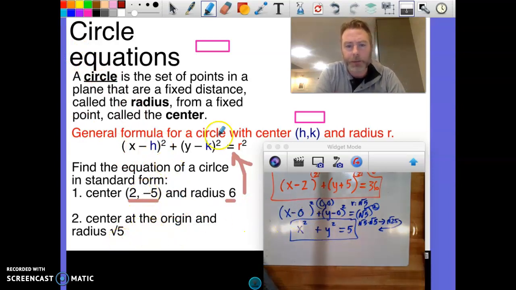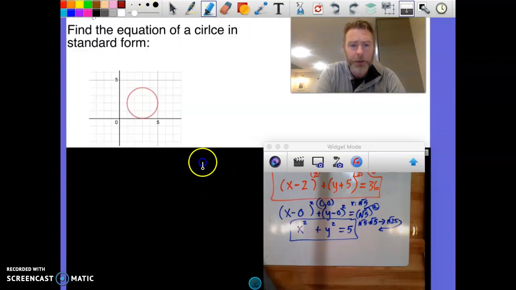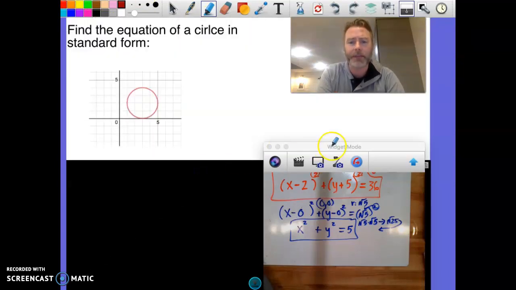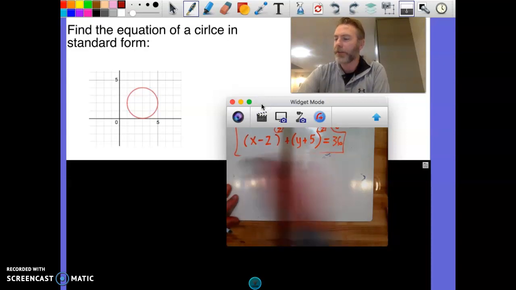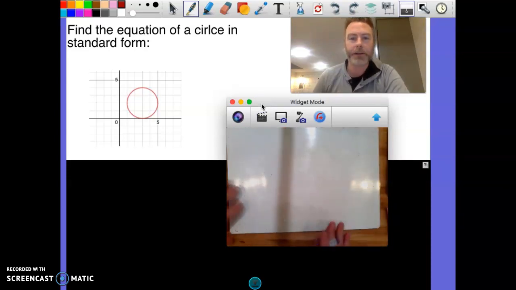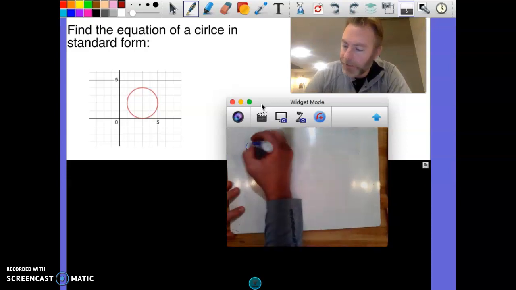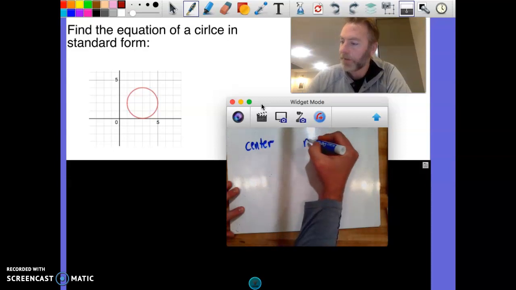Okay, last thing we want to do. We're given features, we come up with this equation. What we also want to do here, you guys, is do the same thing given a graph. If we're going to do the same thing given a graph, we need to find those features. The two features we're looking for are the center, and we're going to find the radius.